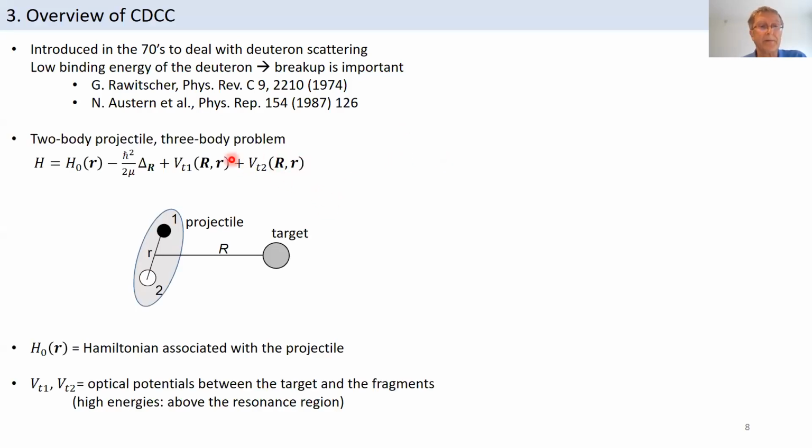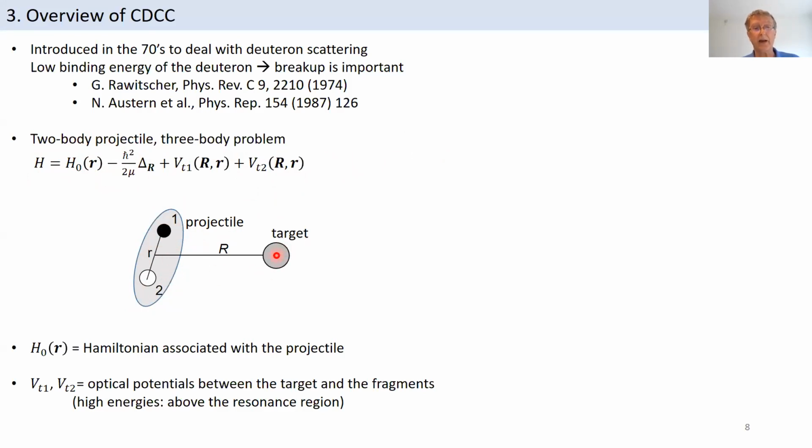And this is the three-body equation for this problem. You have an internal Hamiltonian for the projectile, which here is a two-body projectile, then a relative kinetic energy, and two optical potentials between the fragments and the target.